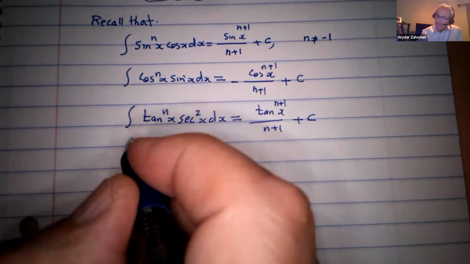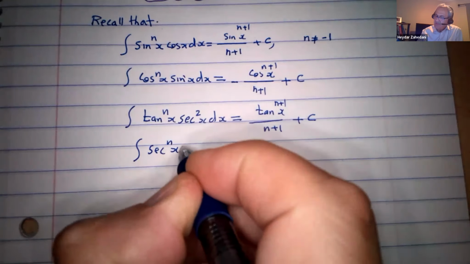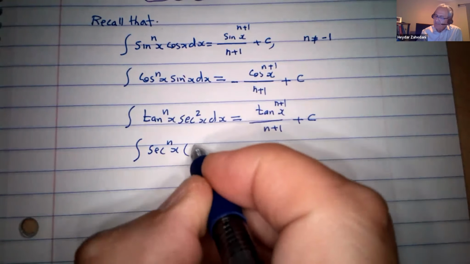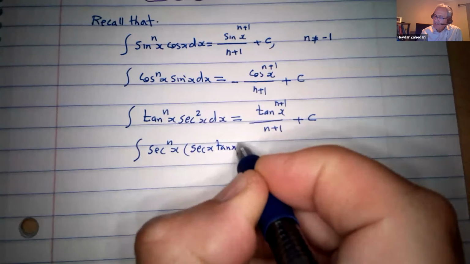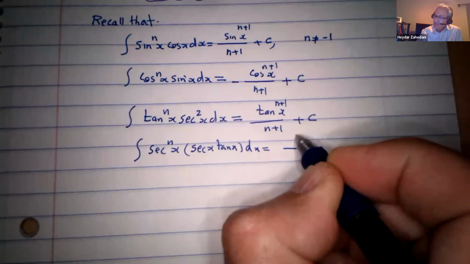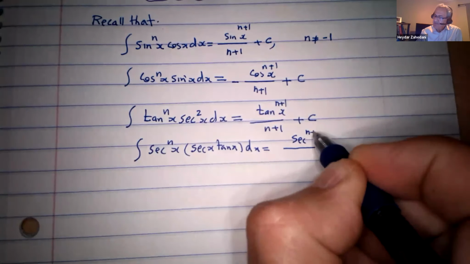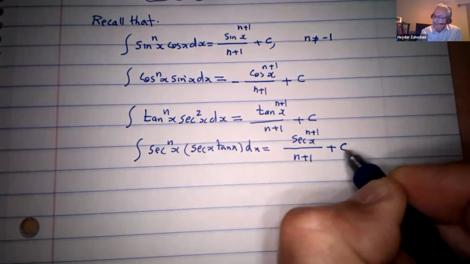If you have a power of a secant, you know that the derivative of a secant is secant times tangent. So if you have secant of x tangent of x dx, the result would be secant to the n plus 1 of x divided by n plus 1, plus the constant c.